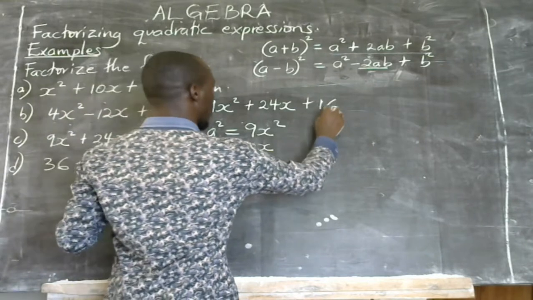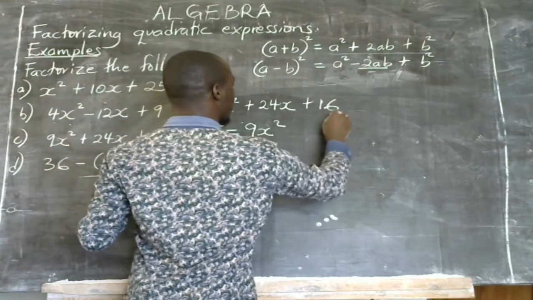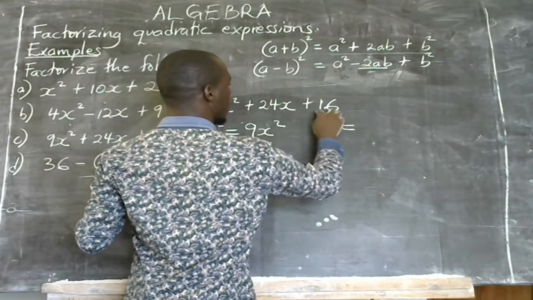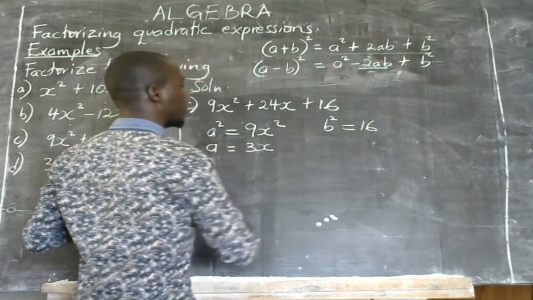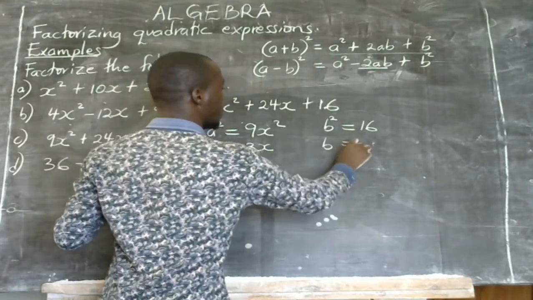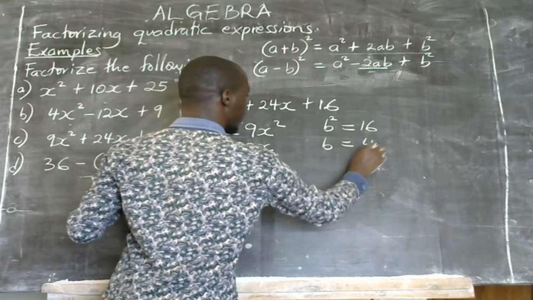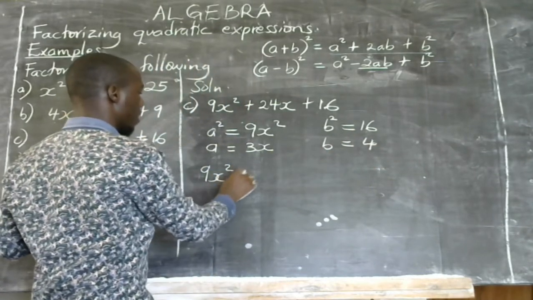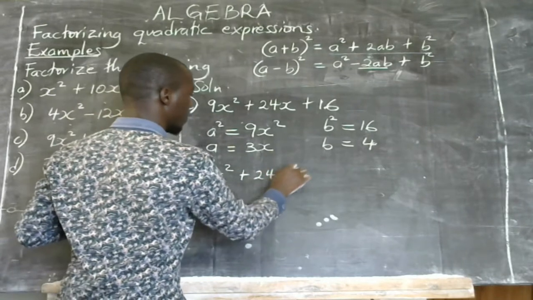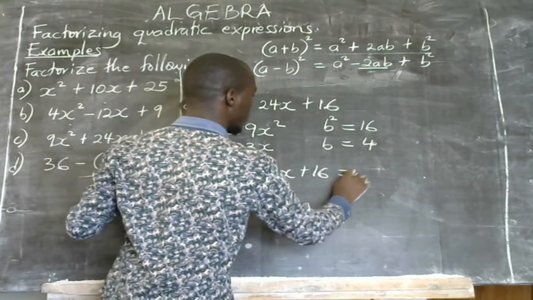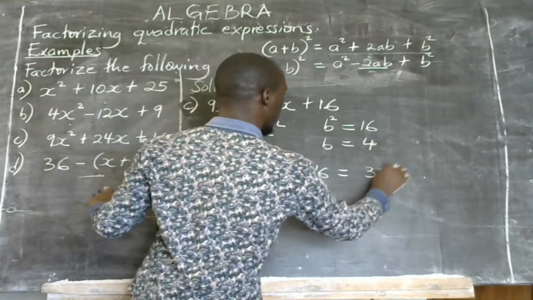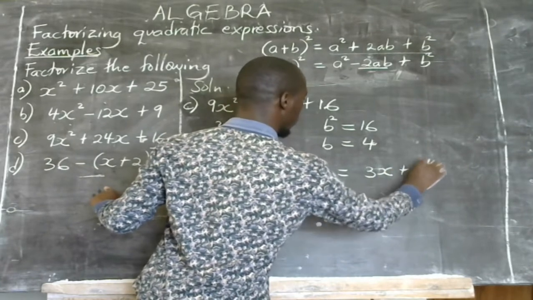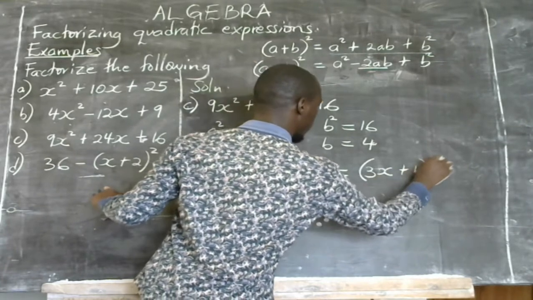Then when I look at the B, the other side, which is squared, here it is equal to positive 16. That means that my B now is the same as a 4. Therefore, the 9x squared plus the 24x plus the 16 is equal to 3x plus 4 brackets squared.